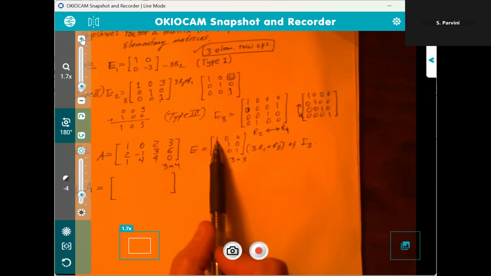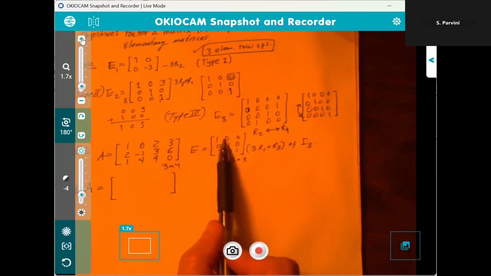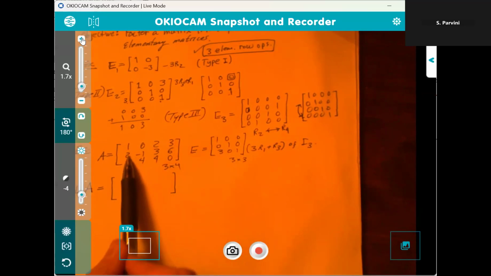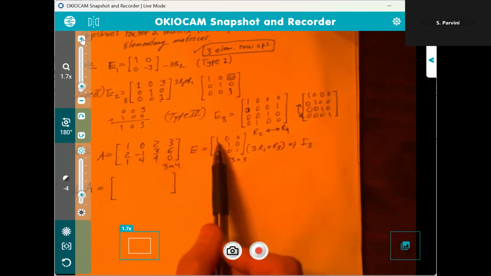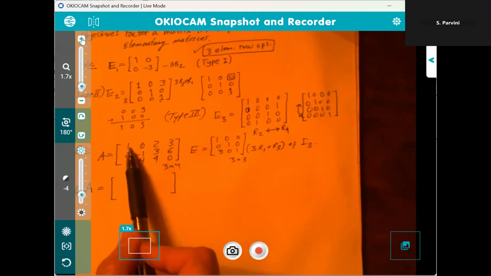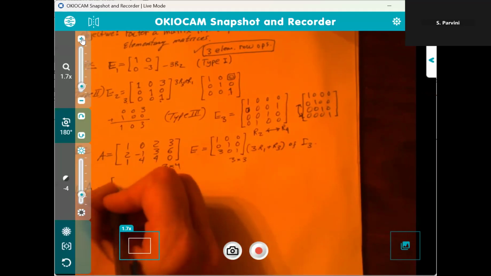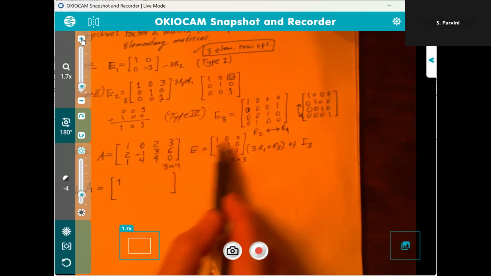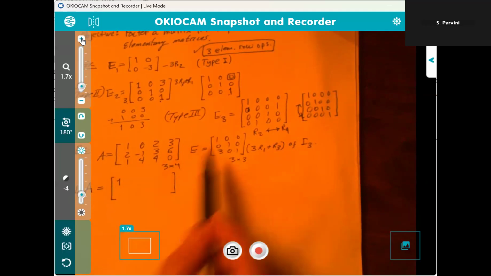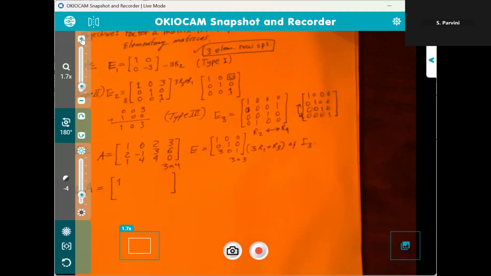So I'm gonna multiply the first row of E, the first column of A. First row, first column. It's gonna be 1 times 1, that's 1. 0 times 2 is 0. 0 times 1 is 0. You add those, you just get 1.